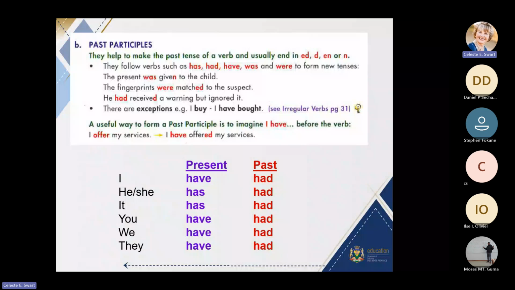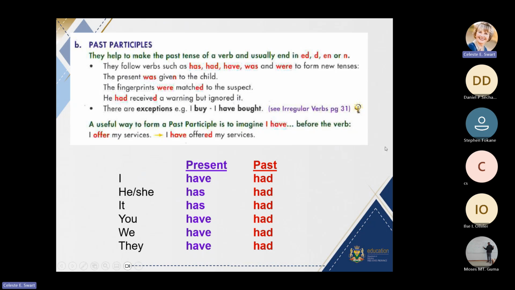Now this comes from our handbook and study guide, the English one, the red and the yellow booklet. And this is about the past participle. And the reason we're looking at it as well is because it is so closely related to the correct form of the verb.